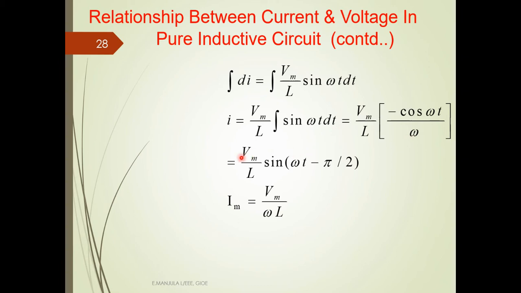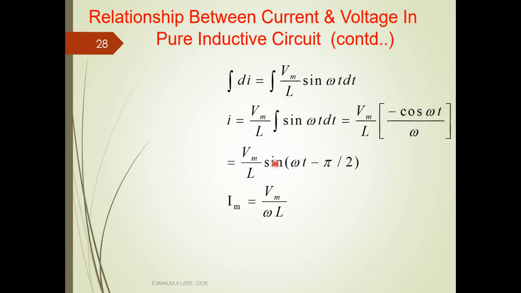So V maximum by L, and this part is sin omega t minus pi by 2. Here the I maximum value is equal to, omega will be there, so this is minus cos omega t.